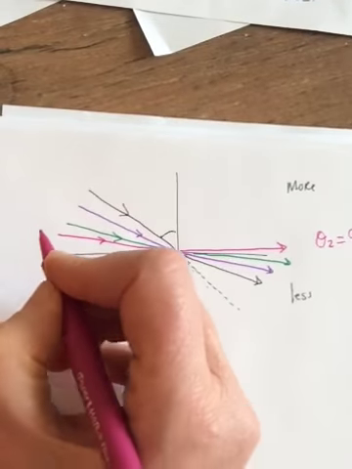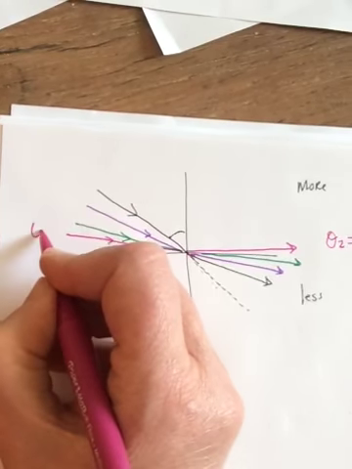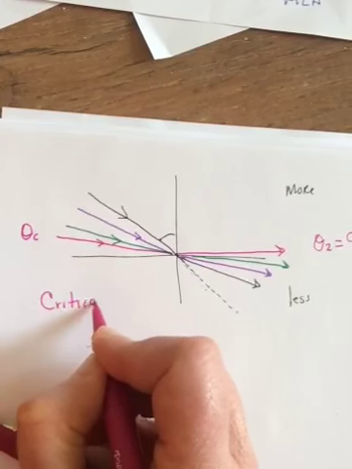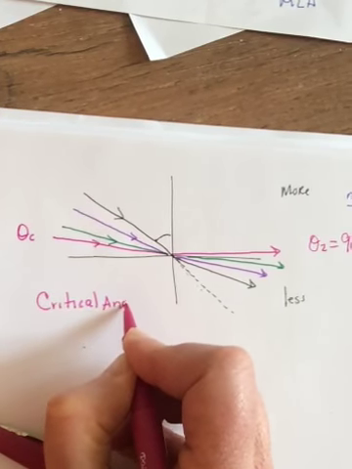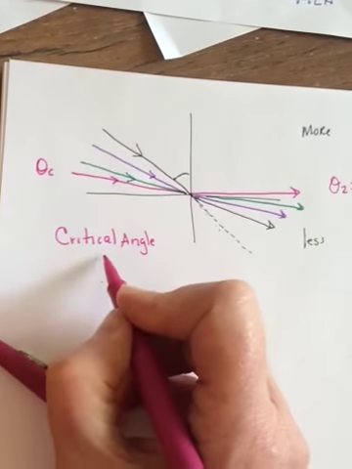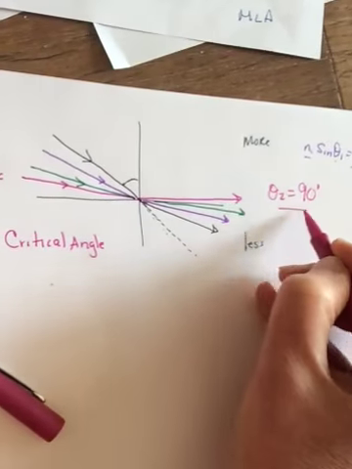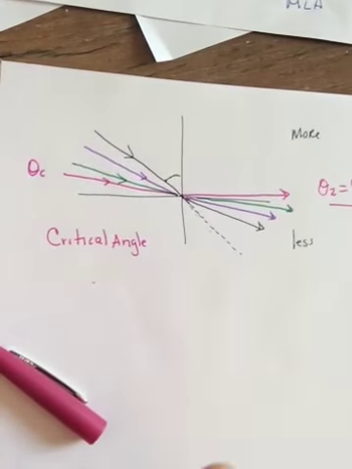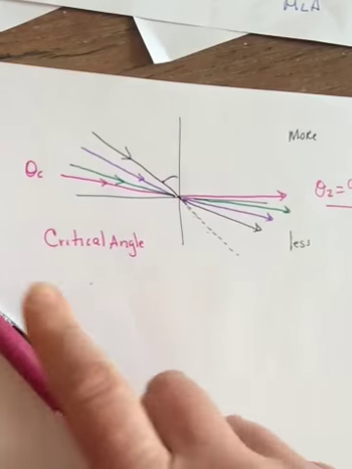Okay? When that happens, that angle of incidence is called the critical angle. So the critical angle is the angle of incidence that makes the angle of refraction 90 degrees. Okay? And we'll talk about that critical angle again in just a minute.